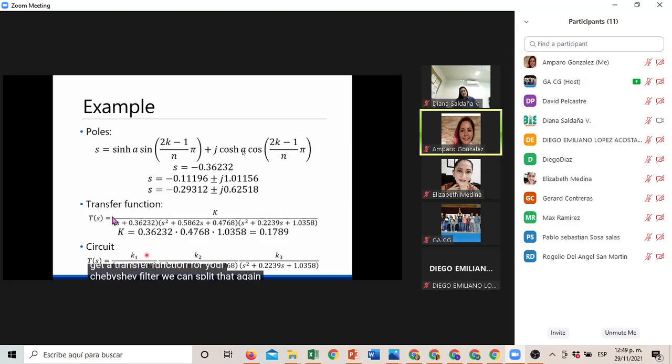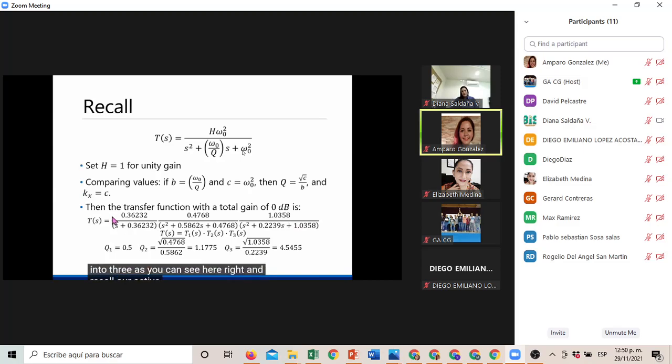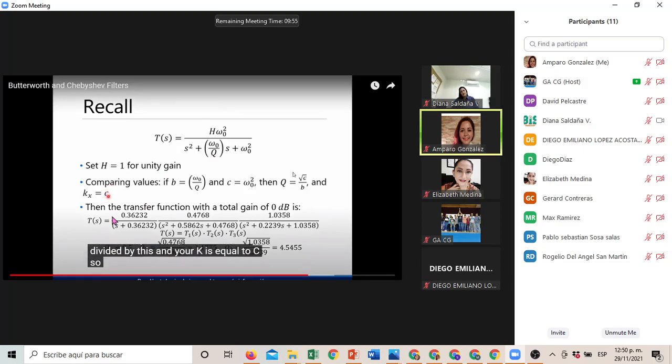We can split that again into 3. So this k right here is equal to this value. We can split that into 3, as you can see here. Okay, and recall our active biquad filter. We have this value. Set h equal to 1 for unity gain. If we compare the values, if b is equal to this and c is equal to this, then Q is equal to the square root of this divided by this, and your k is equal to c.